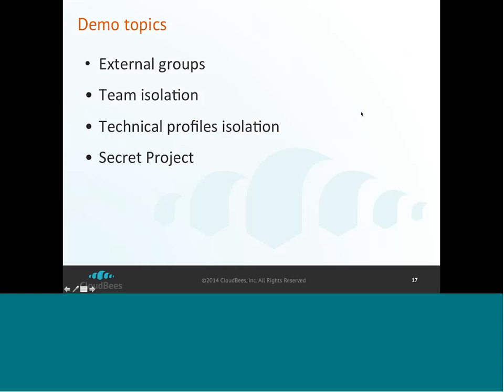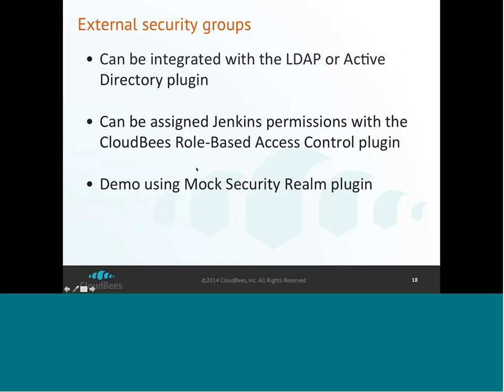Today, we're only going to cover 4 topics in our demo: external groups, team isolation, technical profiles isolation, and a secret project. When it comes to external security groups, both the LDAP and Active Directory plugins in the open source community allow administrators to configure Jenkins to authenticate using usernames and passwords from an external security realm.